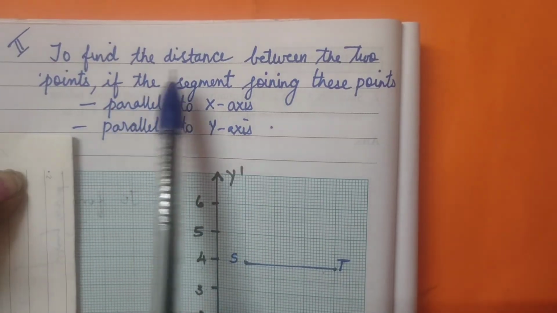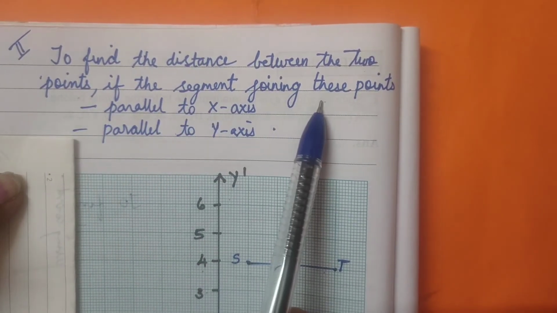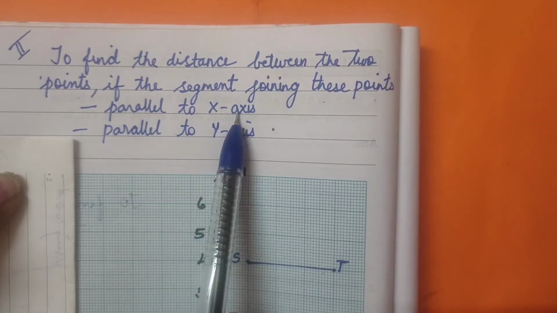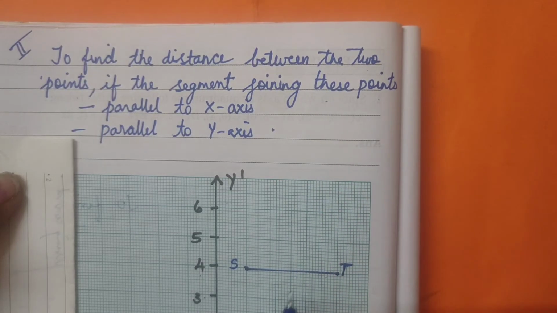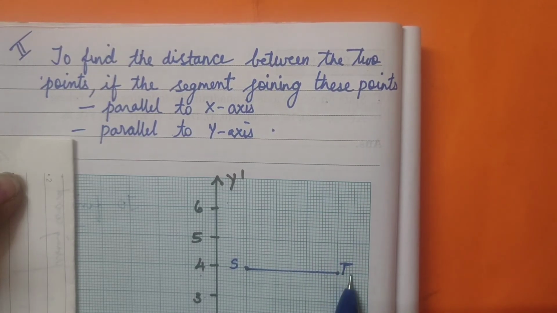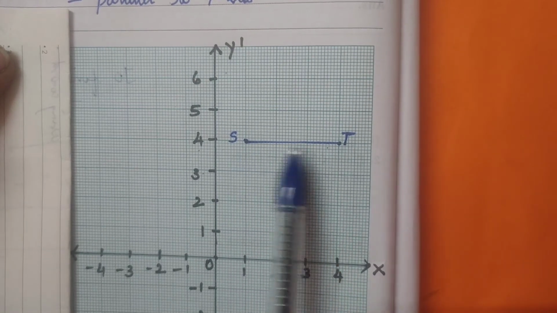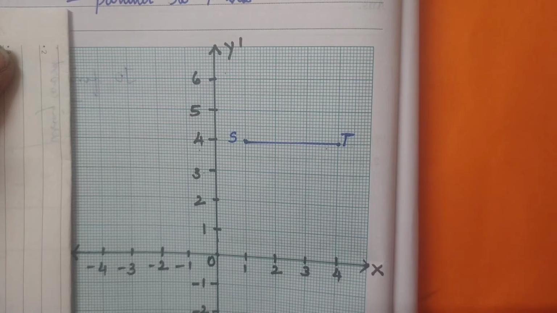Now we are going to find the distance between 2 points if the segment joining these points is parallel to the x-axis, first condition, and second condition, parallel to the y-axis. That means, I'll make it very simple. There is one segment which is parallel to the x-axis. How to find the distance between these 2 points? This is the question.